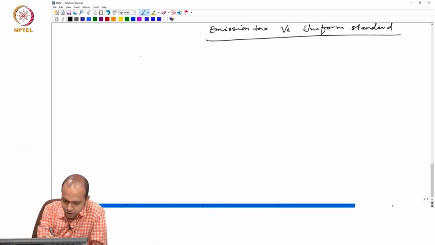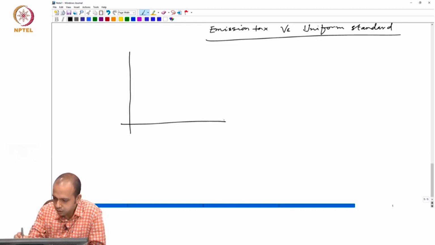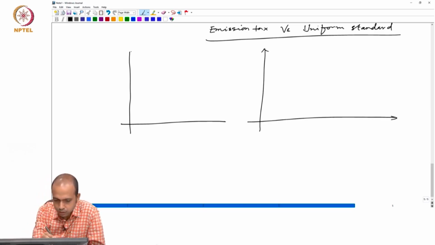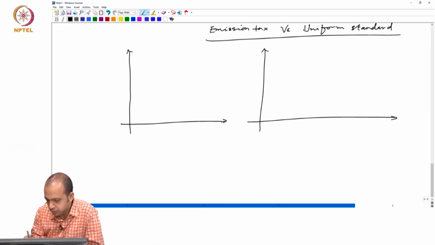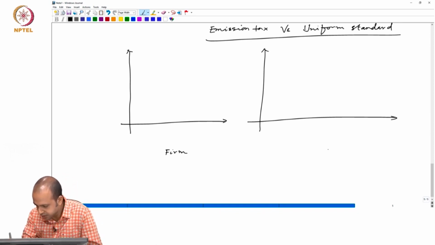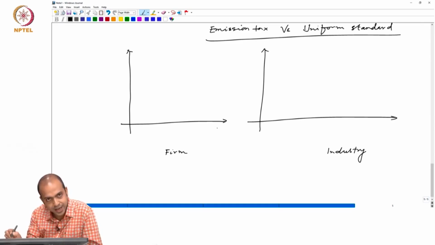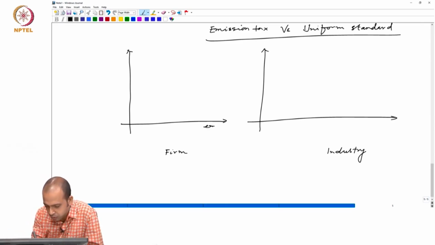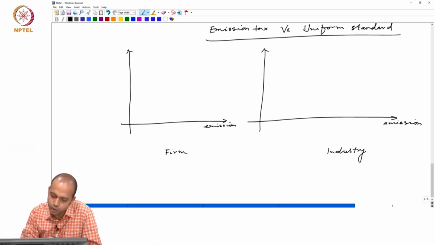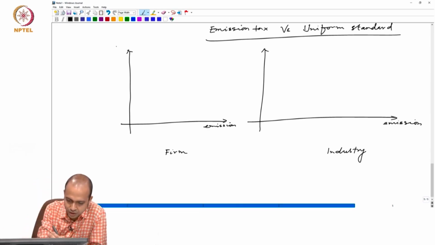Let us say that we are drawing two simple diagrams. On the left hand side, this is for the firm level, this is for the firm, and this is, let us say, for the industry. In the x axis, we are measuring emission, and in the y axis, what we are measuring is marginal abatement cost.